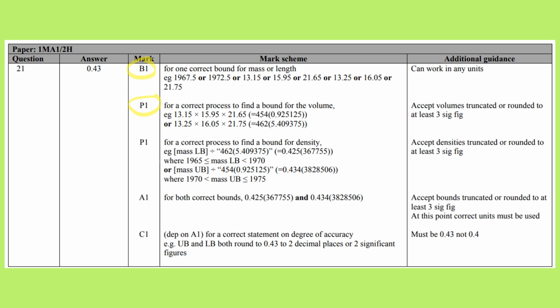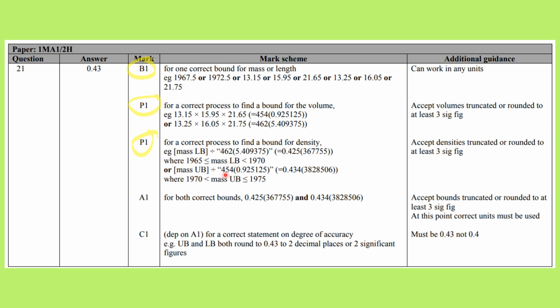The next mark here is for a correct process to find a bound for density. So either we've done the mass lower bound divided by the upper bound of the volume, or we've done the mass upper bound divided by the lower bound.